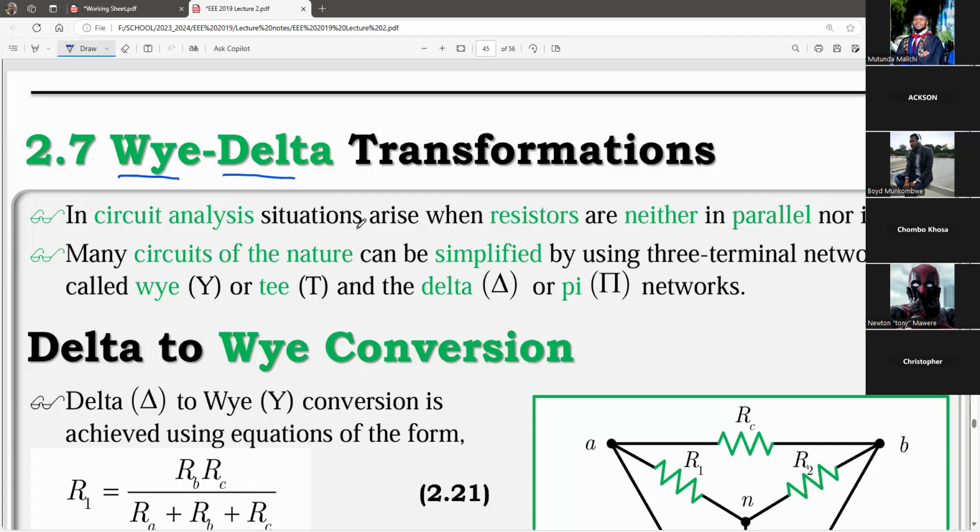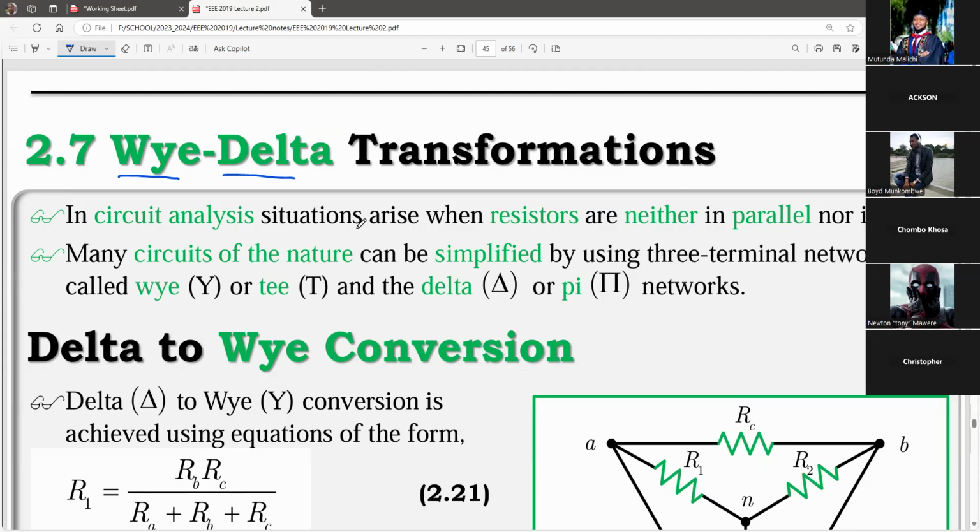Chances are high that, if they are neither parallel nor series, they are connected in Y, which in other books you find called star, or they are connected in delta. But if they are connected in Y or delta and you are still trying to find the equivalent resistance, how can you do that?